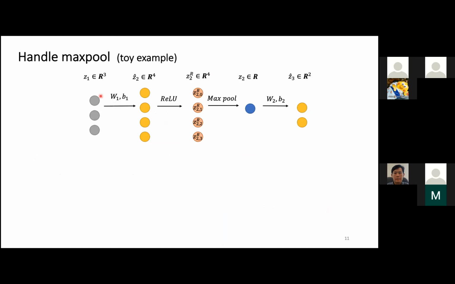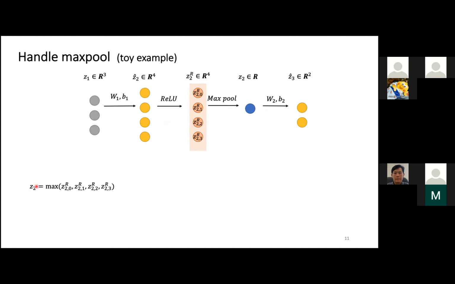The first is a linear operation, then passing a ReLU, passing a max pool, then finally passing the linear again. And what we care most about is here. Here is the LR2 vector, and we apply the max pool function to get LE2. And these are its equations here.